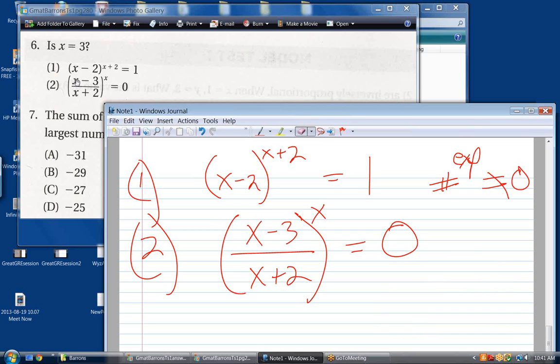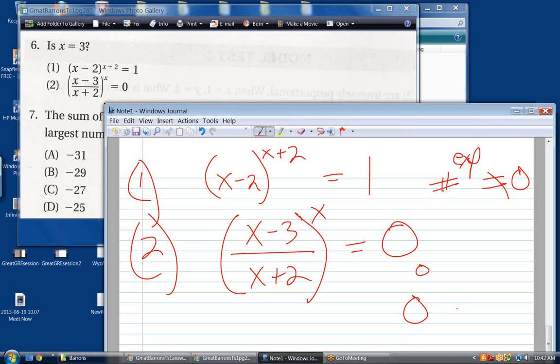Which is a solid answer, so that means number. Well, notice that if I substitute x for 3, I have 0 to the 3rd power. Is that equal to 0? Yes. Actually not. Believe it or not, 0 times 0 times 0, really? Well, 0 to the 0th power is equal to 1.